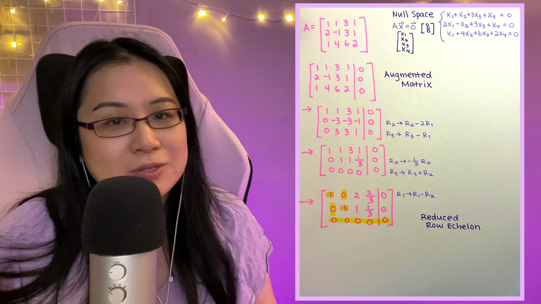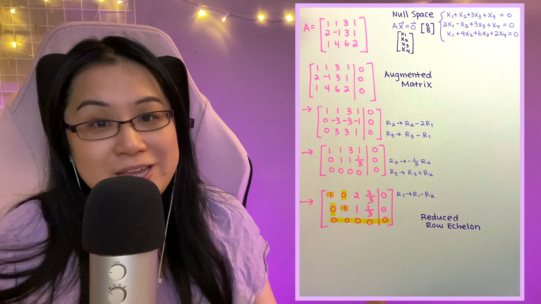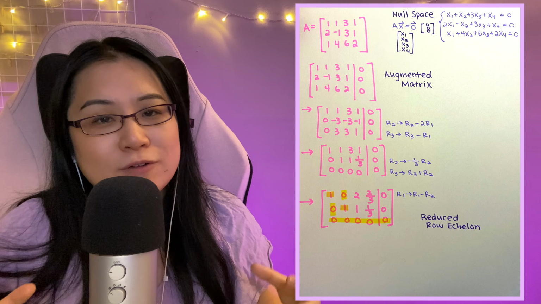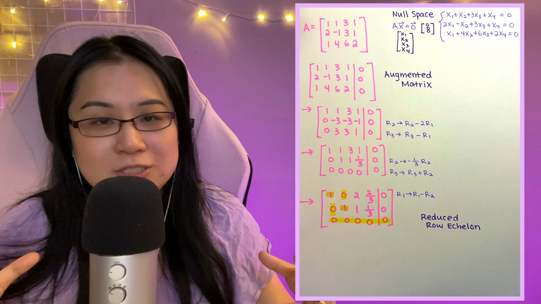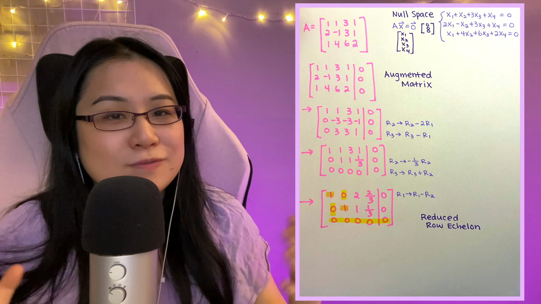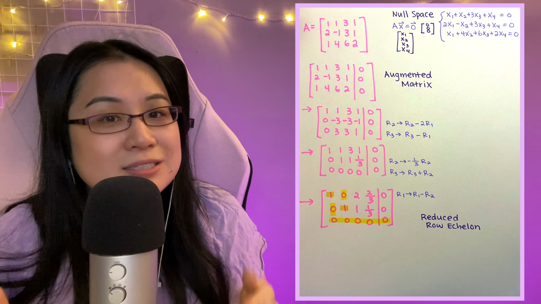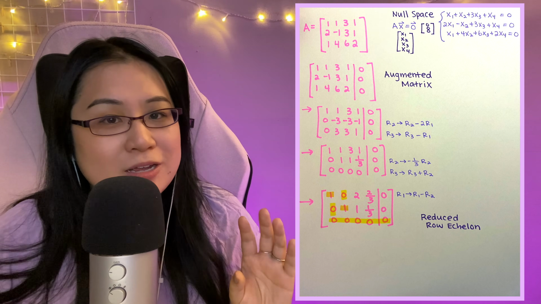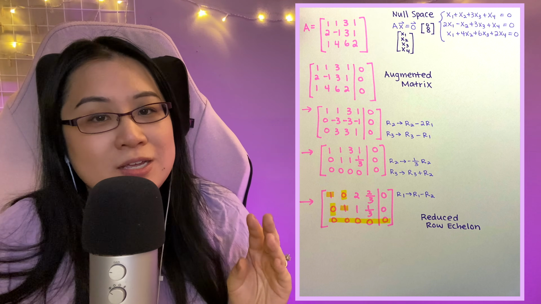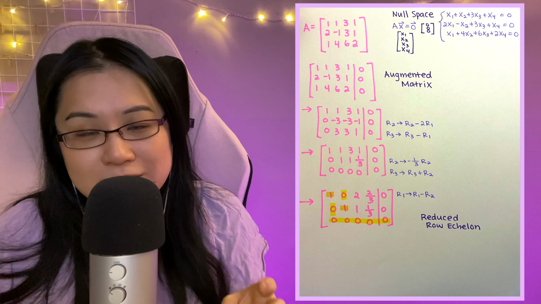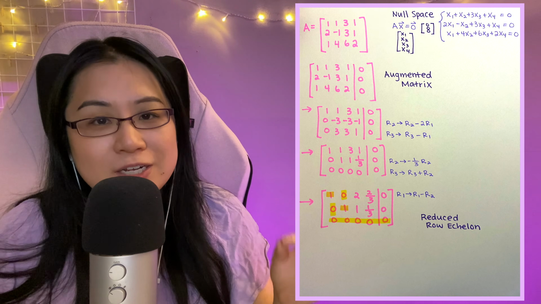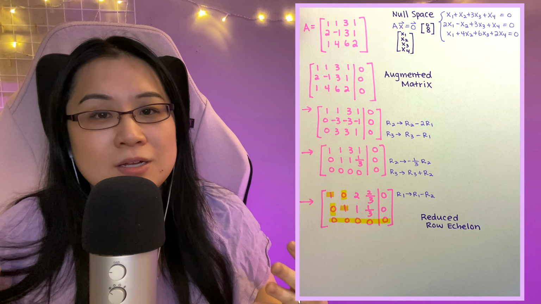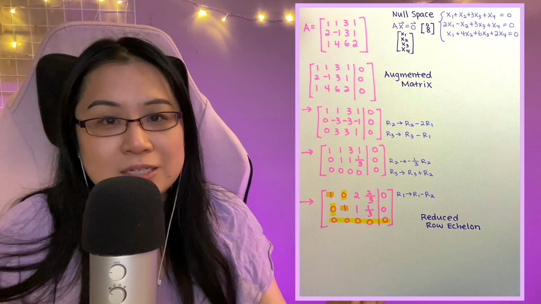And now we're talking about this idea of a null space, which is when we talk about the set of all vectors now. So it's this vector space, the set of all vectors, such that when I take this matrix and I multiply by a vector, it equals the 0 vector, and the set of all vectors x that satisfy this equation is inside the null space.